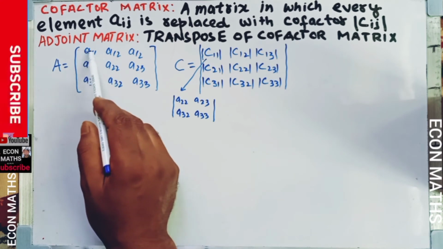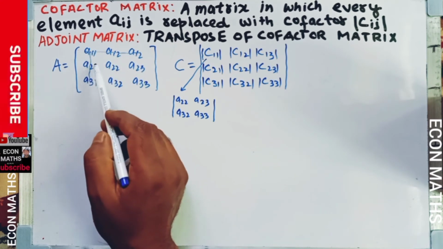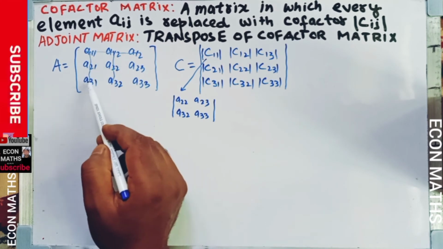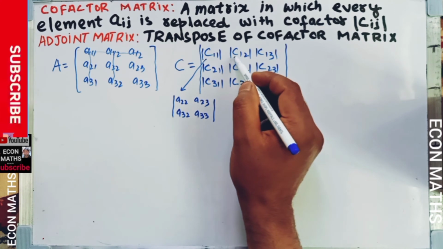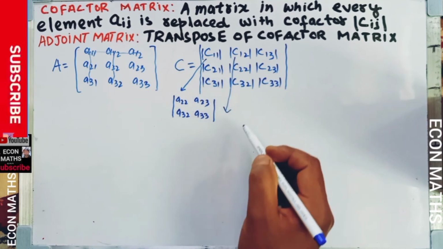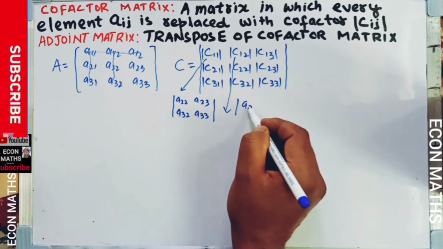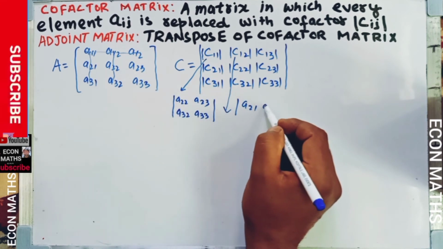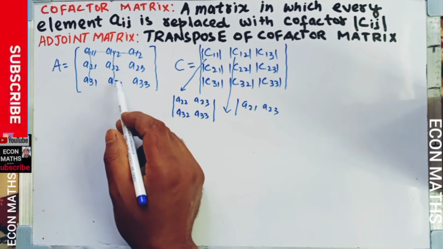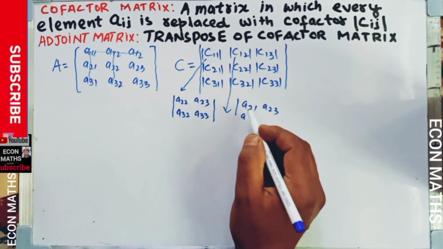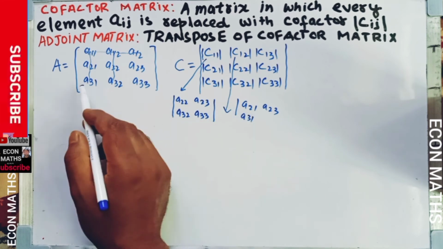Now if we delete this row and this column, we are left with these elements 1, 2, 3 and 4. That is, the cofactor C12 is the determinant of A21, A23, A31, and A33.